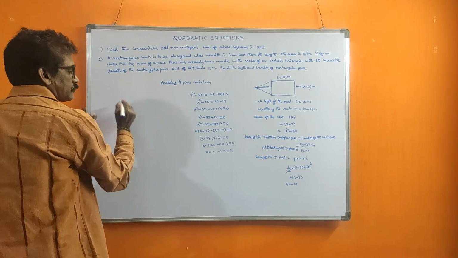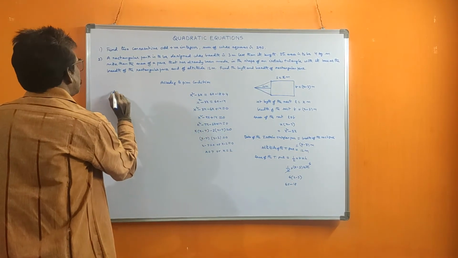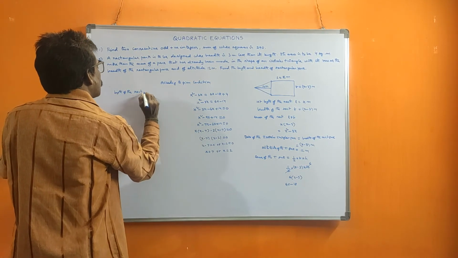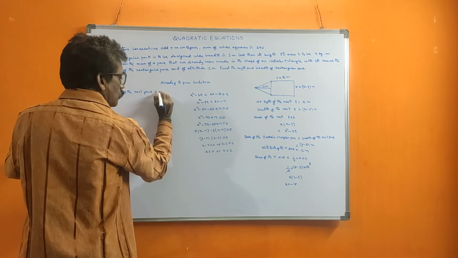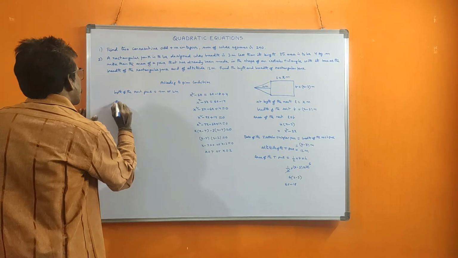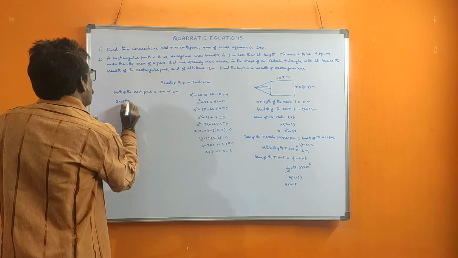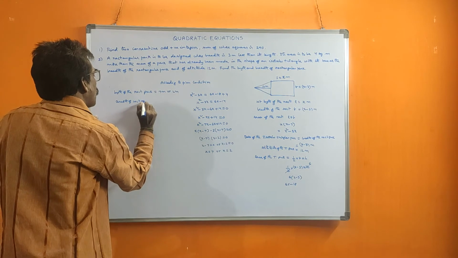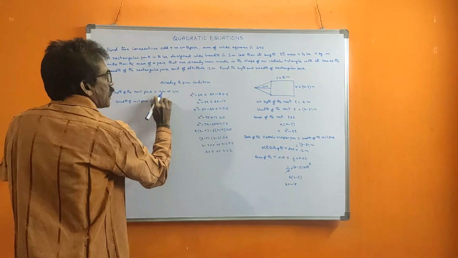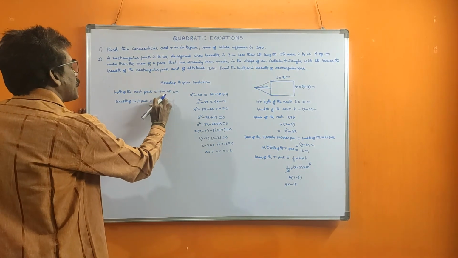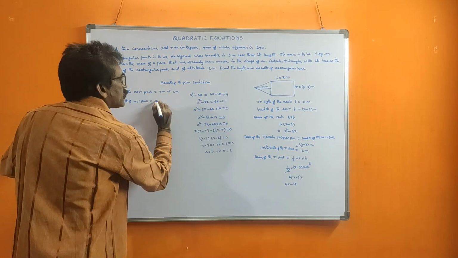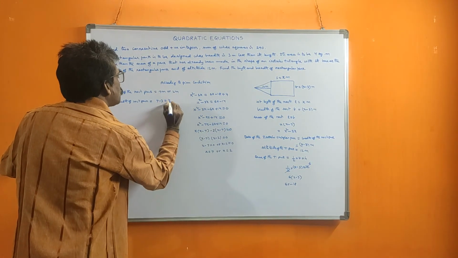Therefore the x we got means length. Length of the rectangular park is equal to 7 meters or 2 meters. Now the breadth of the rectangular park is equal to what? If length is 7, then breadth is x minus 3, that is 7 minus 3, that is 4 meters.